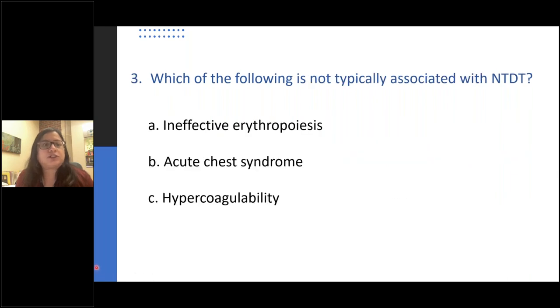Great. Our third question, which of the following is not typically associated with NTDT?